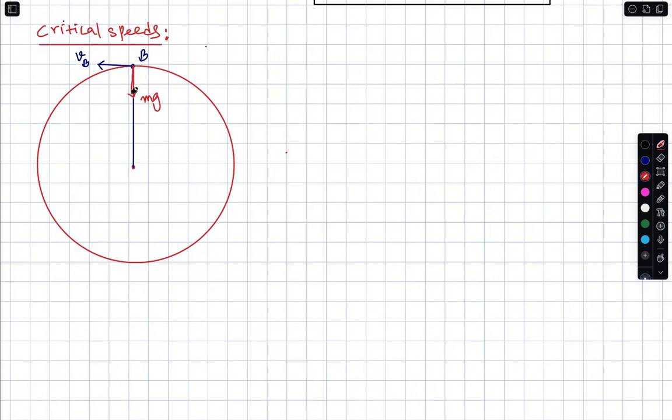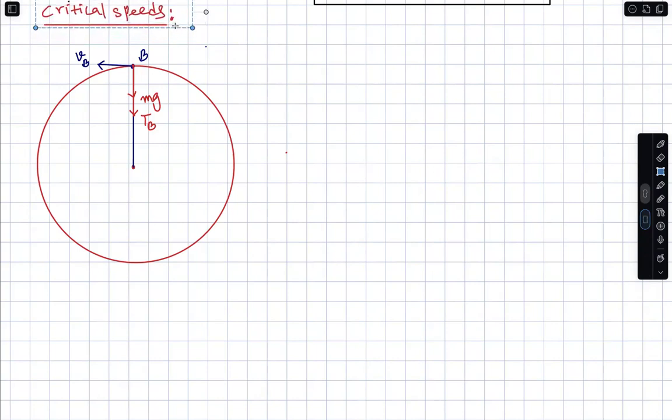In this case, mg, tension at B, pseudo force. I think you know why I've changed the color.